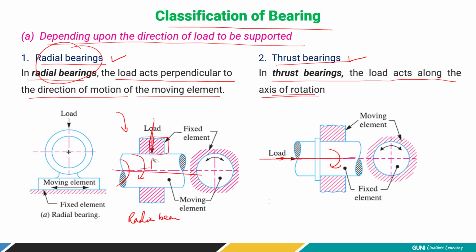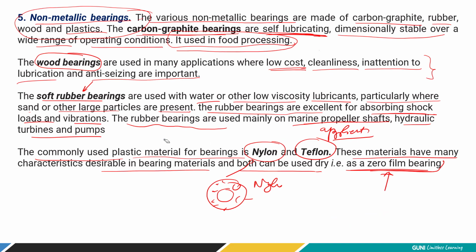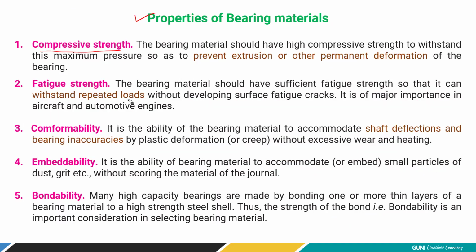So it's a compressive load. Whenever there is a bearing operation, the rotating element is going to compress against the fixed element. So compression is a basic action or movement that you come across, right? So strength is required in compression. So the bearing material should have a high compressive strength.